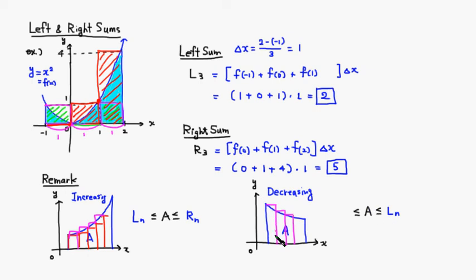Then the right sum is going to fall short, so it's going to be an underestimate. So if you have an increasing graph, the left sum is the underestimate and the right sum overestimates the area. If you have a decreasing graph, it's the other way around. All right, that's it. I hope that this was clear.